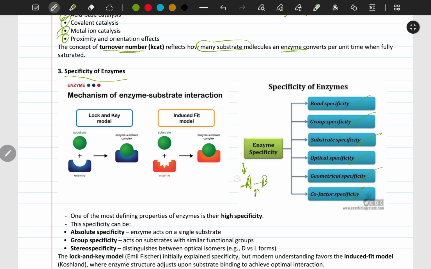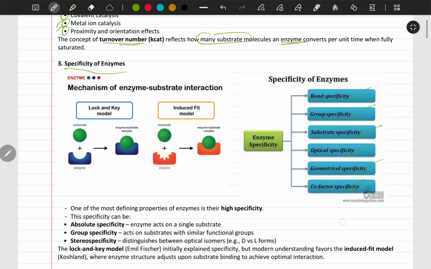We'll see the substrate specificity, whether this substrate is bondable to the enzyme. It is bondable to this but not this. Next is optical specificity, if the optical geometry is working in favor of the enzyme, then geometrical specificity and cofactor specificity.